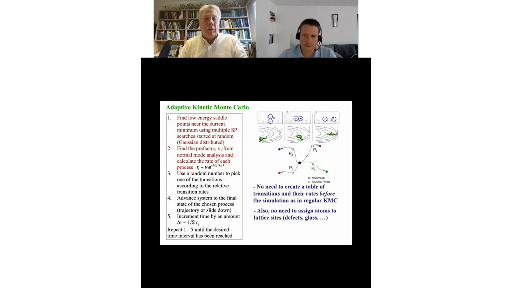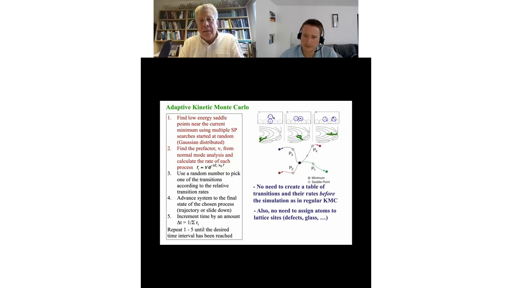And then after you found what you believe is a sufficient number of saddle points, you can do the usual kinetic Monte Carlo thing: pick a random number, choose a transition, advance the system to the new product state, and estimate the time that would have elapsed if you were to do real dynamics.